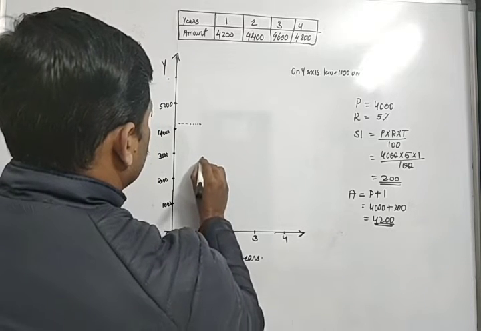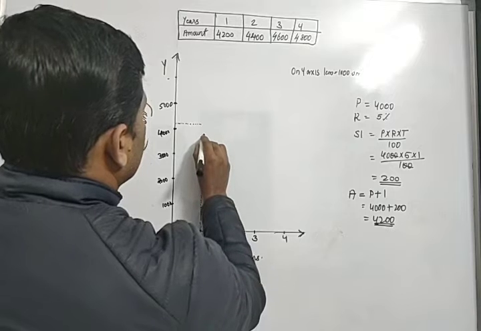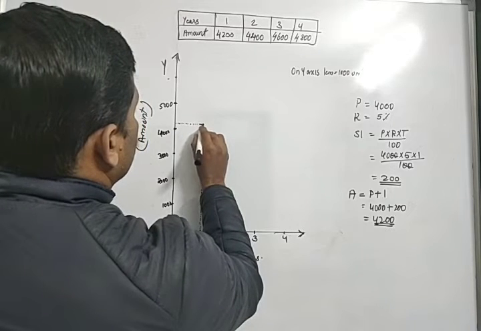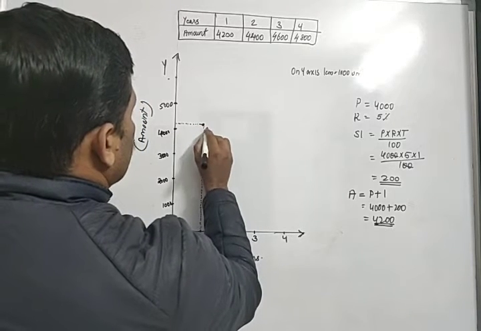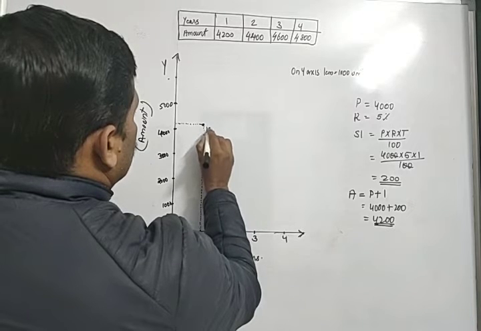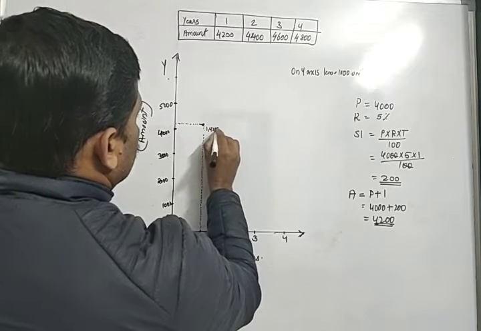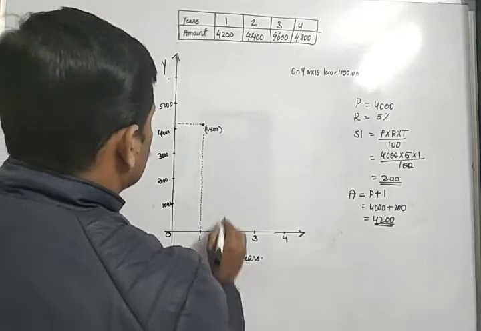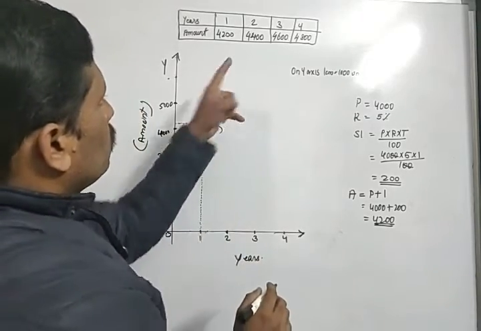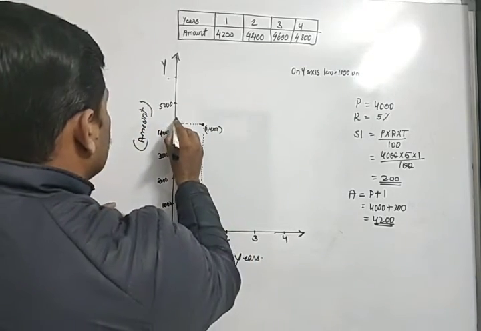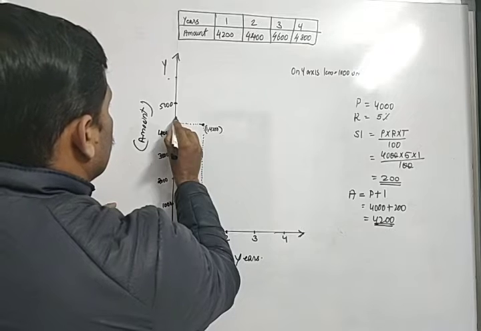straight line. Make sure that you are drawing the line straightly, and where it touches that point will be the first distance. That means 4,200. And next year 4,400. Then again 2 millimeter we have to take from here.